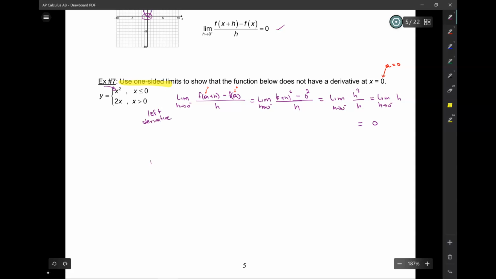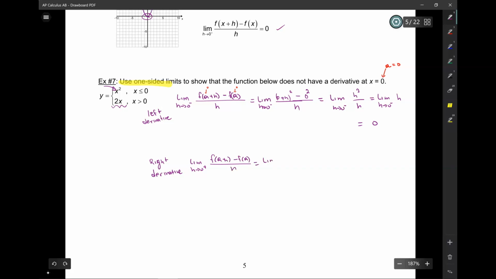Now, the derivative from the right is going to be the limit as h approaches 0 from the positive side. And here we're going to look at the function to the right of 0, and that's this function, 2x. So again, it's going to be f of a plus h minus f of a over h.